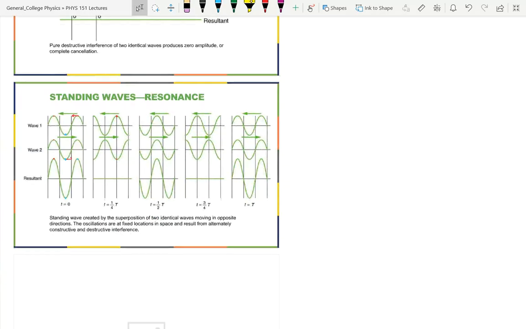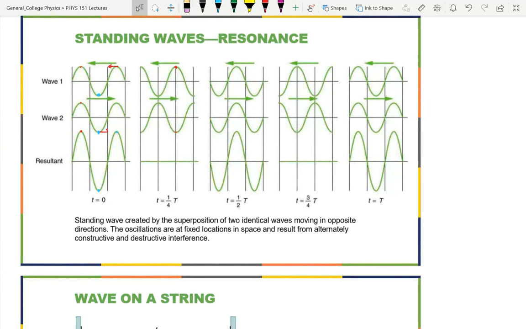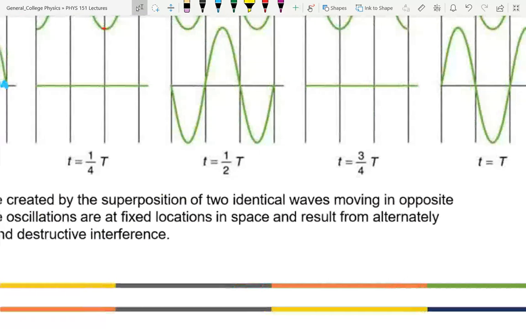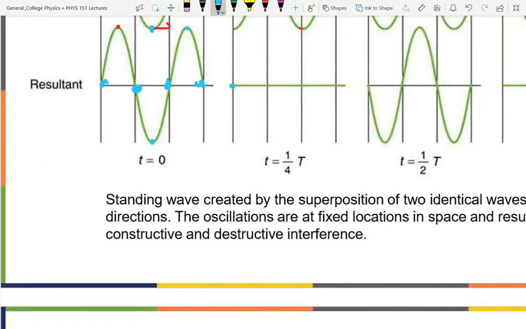And so what you're going to see is a wave that has some places here and here and here and here where it's always 0. We call this a standing wave when we have a wave that appears to stay in place and just go up and down.